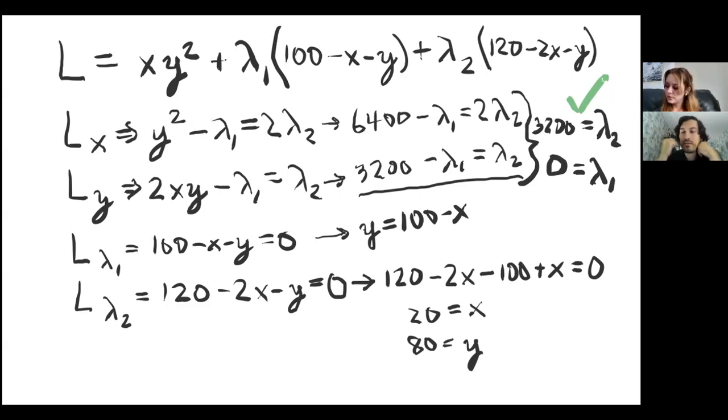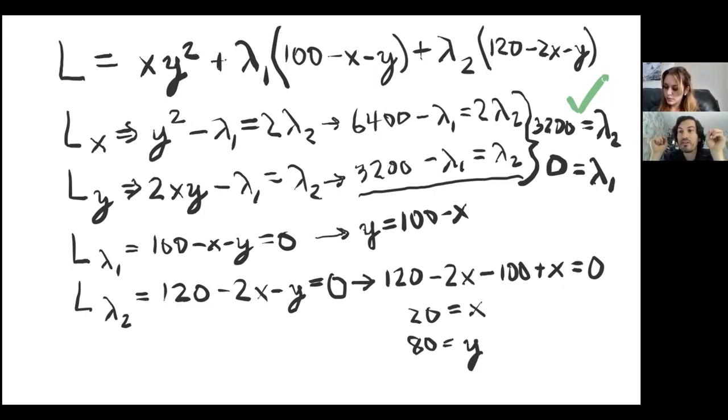You might say, but wait, what about the complementary slackness thing? The complementary slackness says if lambda 1 is 0, that means the other thing could be whatever we want. The 100 minus X minus Y could be anything. Yes, but it could actually still be 0. So this is the unusual case where they're both 0.